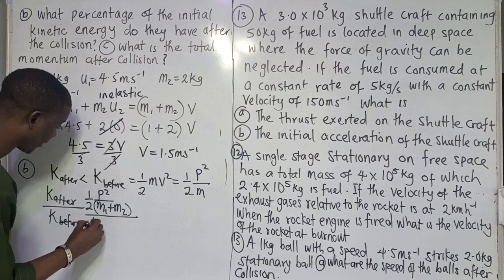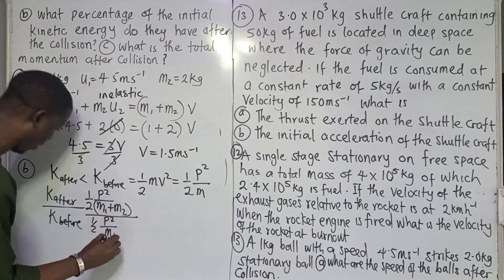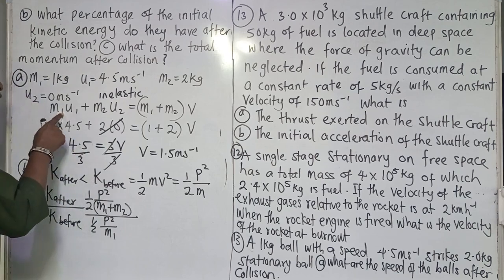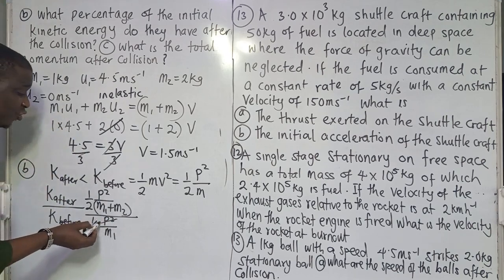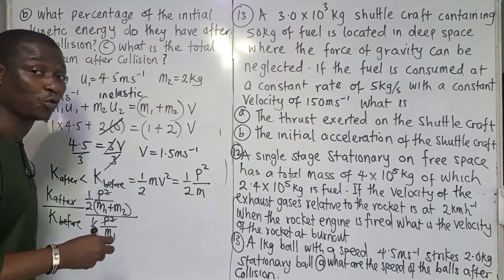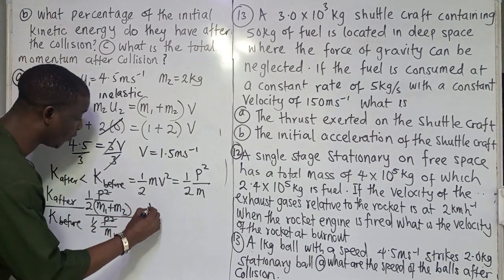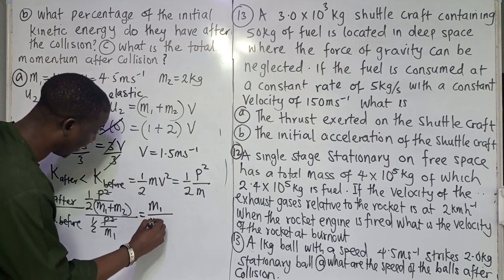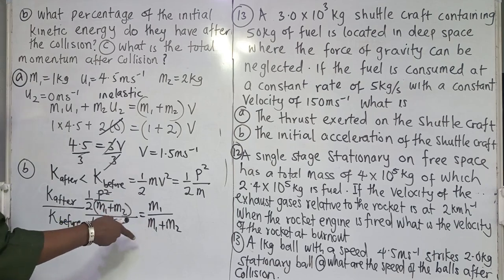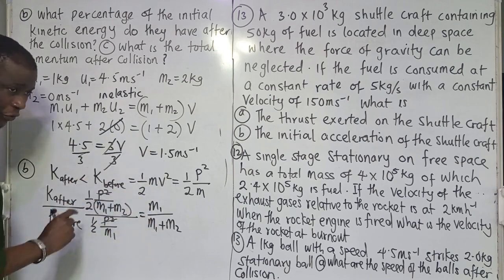Divided by half P square over M1 before, because the only one that is moving is M1, and their momentum is conserved. Don't forget, kinetic energy is not conserved during inelastic collision. So this formula will now result to M1 over M1 plus M2. This is the fraction of the kinetic energy that will remain after collision.